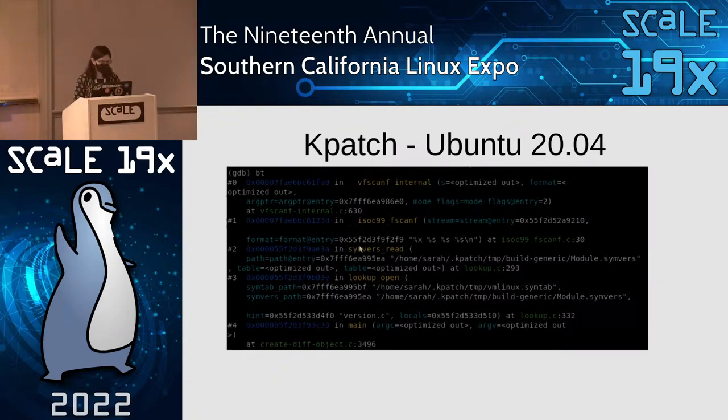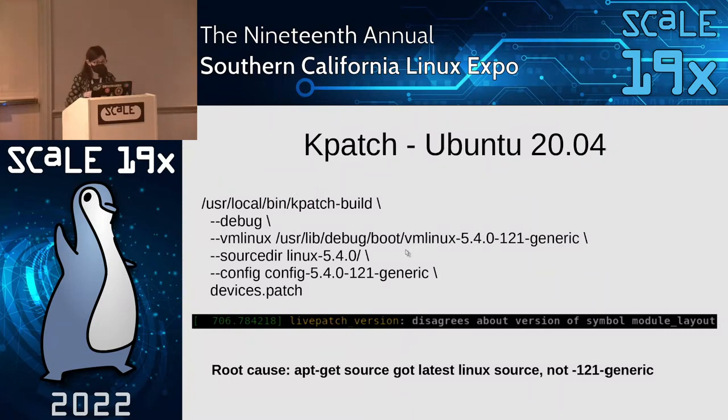I looked at the upstream build tools at symvers.read and found out that this was a bug that they had fixed upstream, so then I went and used /usr/local/bin kpatch build tools. So I got a working patch then, and then I had a beginner mistake where I did not notice that the source that I was building did not match the source I was running, because apt-get source got the latest Linux source.